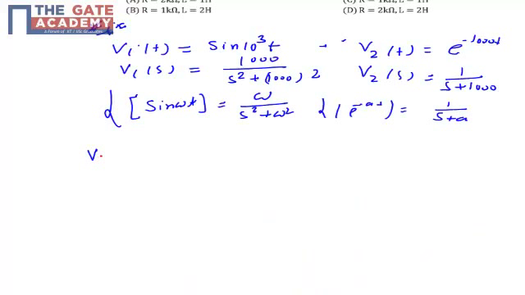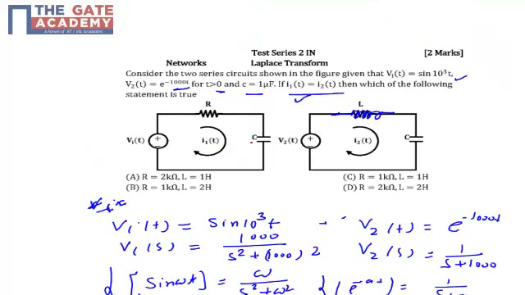V1(s) will be equal to R plus 1 upon SC times I1(s), because 1 by SC is the impedance of the capacitor. The capacitor is replaced by 1 by SC in the Laplace domain, and the inductor is replaced by SL.